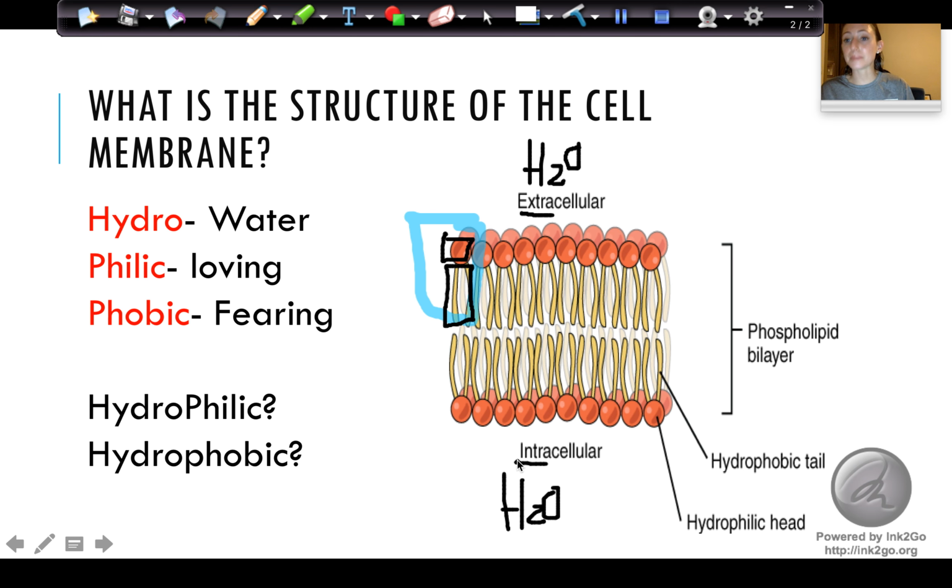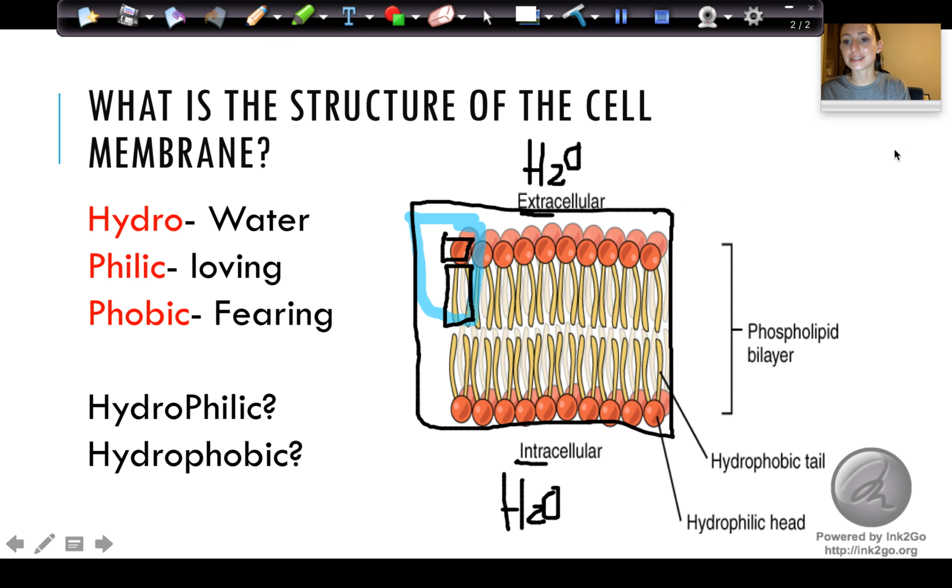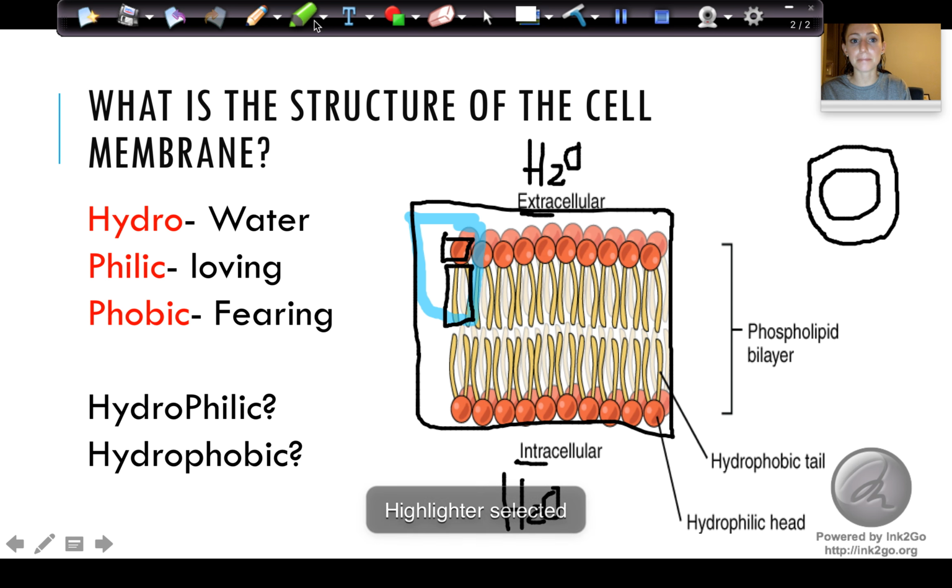Now, this might be a little misleading because right here, it looks like the cell membrane goes straight across. When in reality, we know a cell is kind of like a blob, a circle shape. So I'm going to go ahead and draw what a cell would actually look like. So here's my cell, and I'm drawing here two layers because I have a lipid bilayer. So let me draw a little part of it.